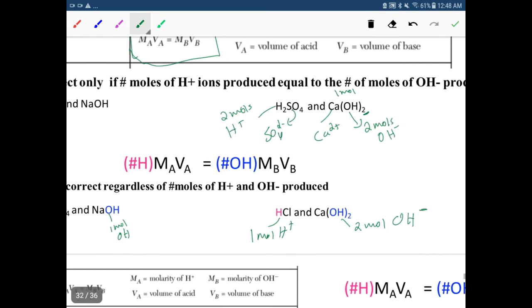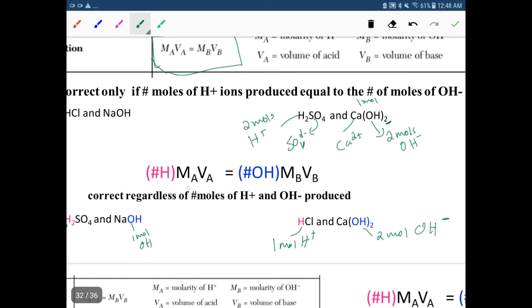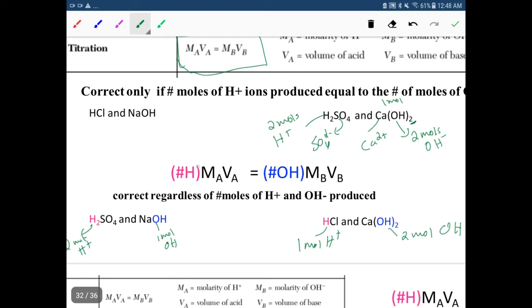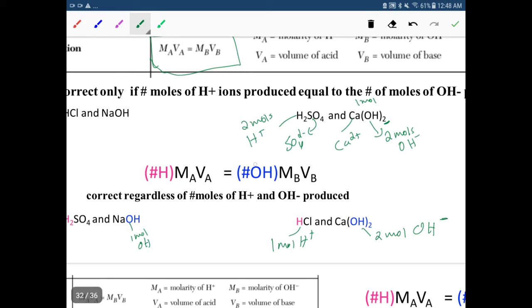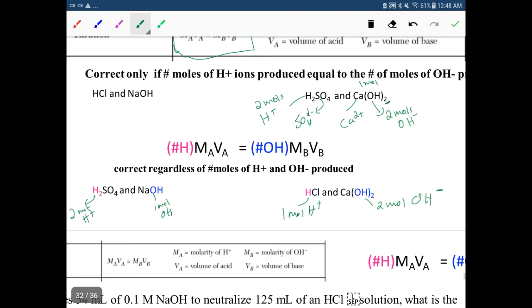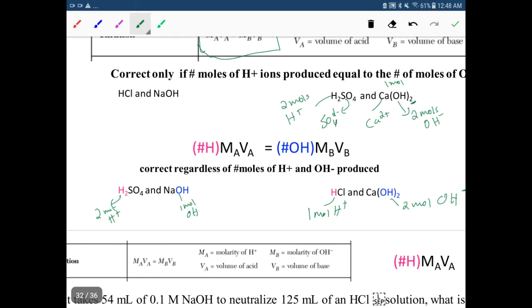In this case, you must use this formula here. You have to multiply the number of H's in the formula by MAVA, and multiply the number of OH's in the formula by MBVB. We're going to see some examples where you have to do this.